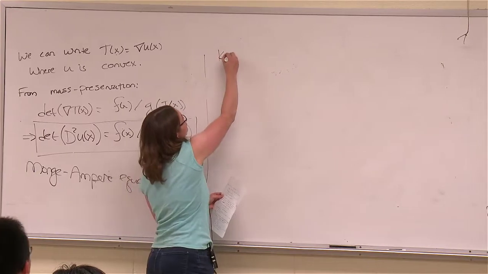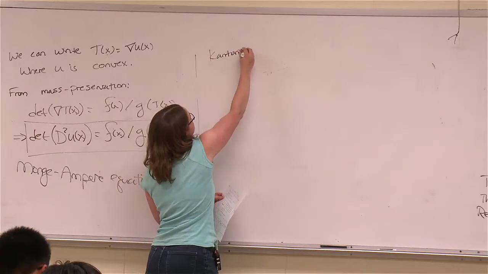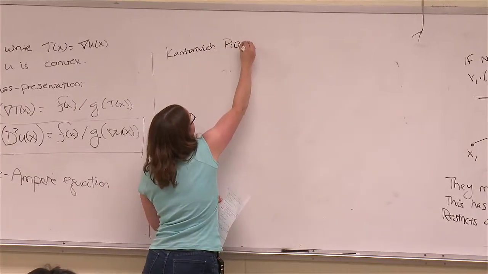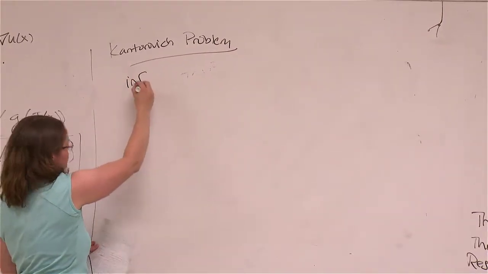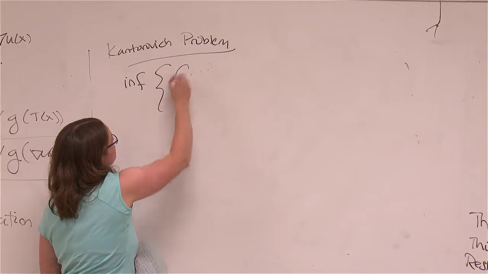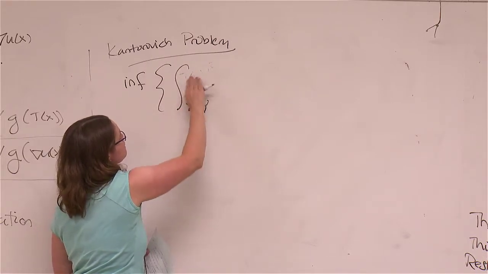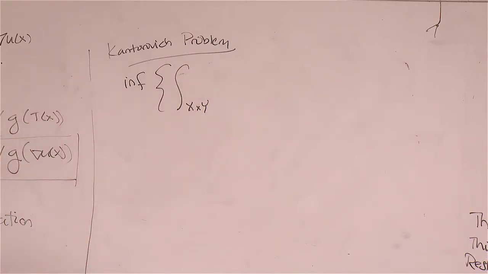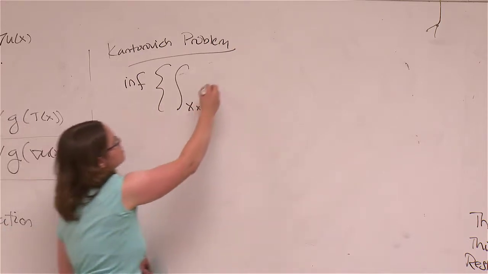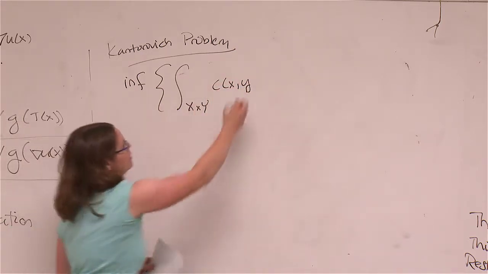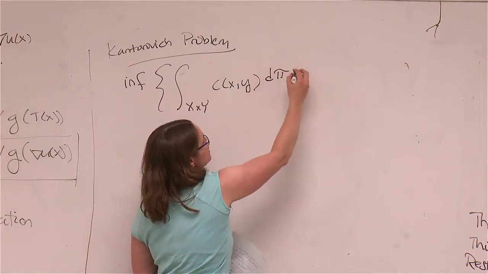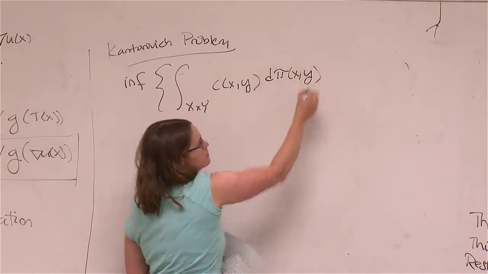So this was our Kantorovich problem. We were looking for the infimum over, now, a product space. We had our cost function, c of x, y, which we're integrating against some measure.